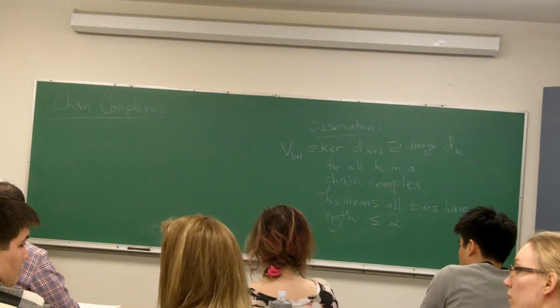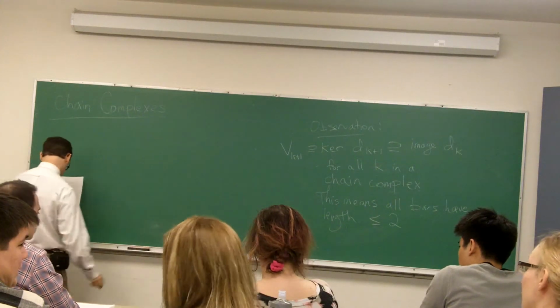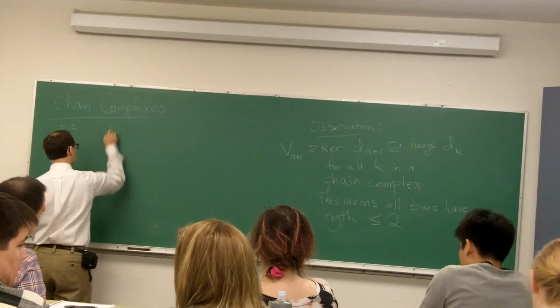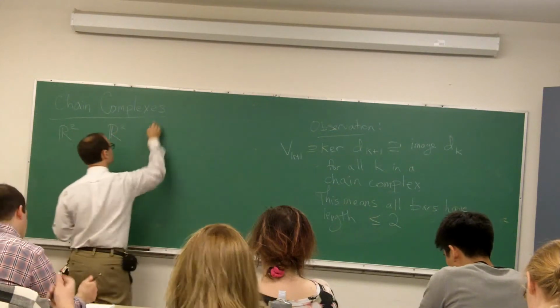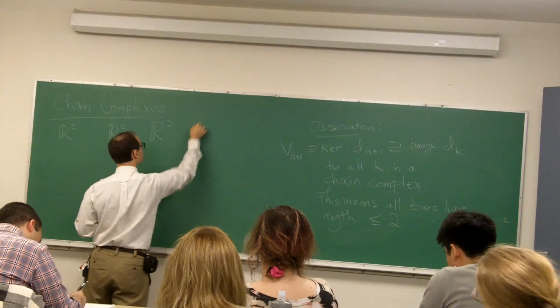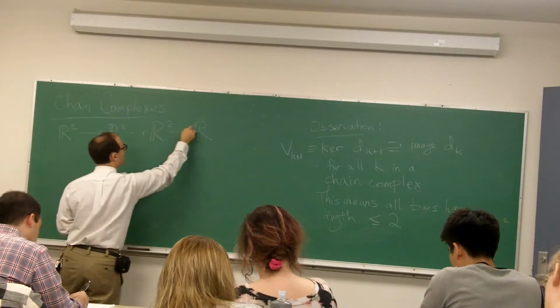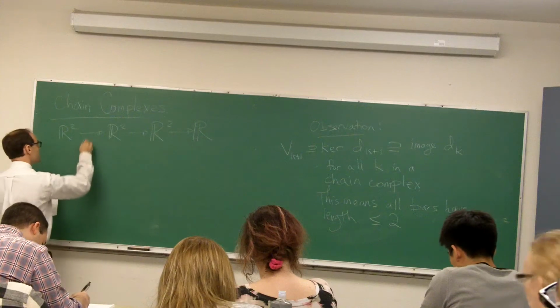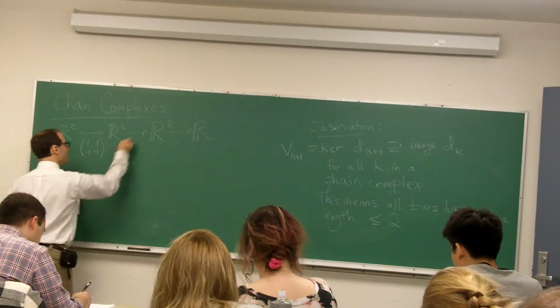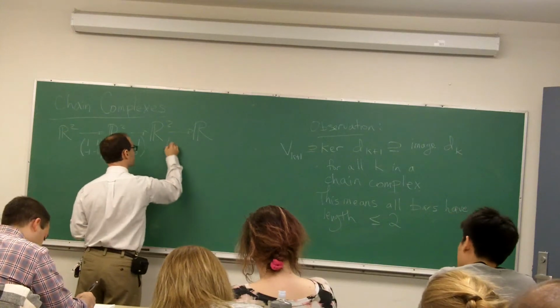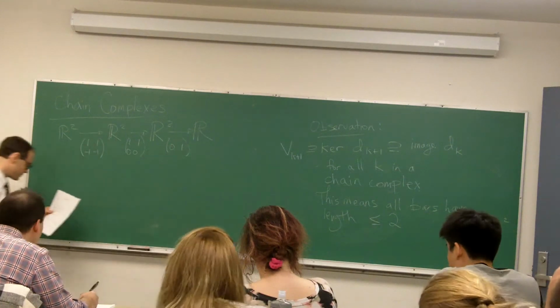Make sure I've got my equations right here. So we have a bunch of matrices here. This one is on 1, and this one is here. This one is here.